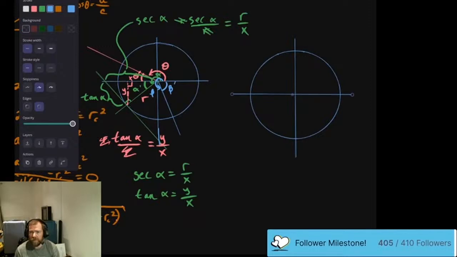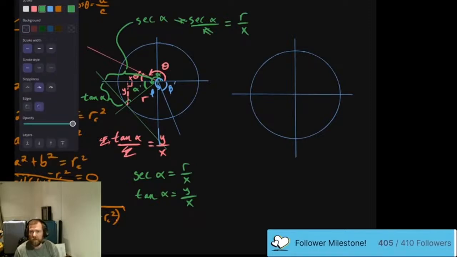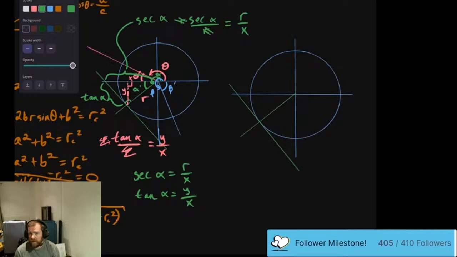And then we draw in our angle, a tangent to it. It's pretty close. Okay, and then draw in the rest of that line.